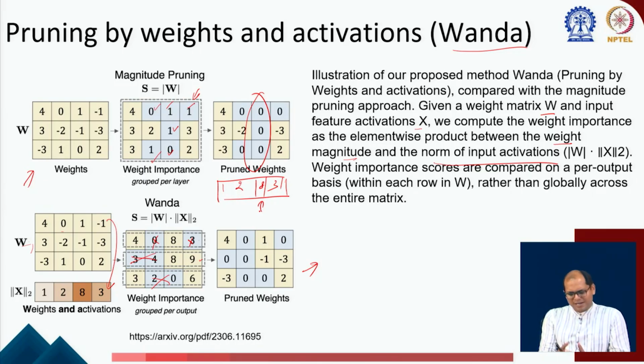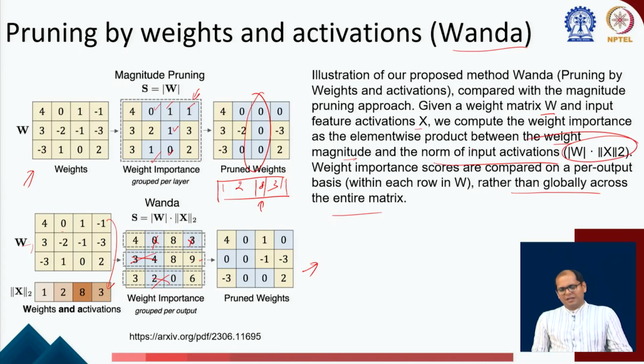You want to look at your data and see, where do I feel importance, where do I feel this is not important. That's the Wanda method: you prune by weight and activation together, rather than globally across the entire matrix, you use w times x.